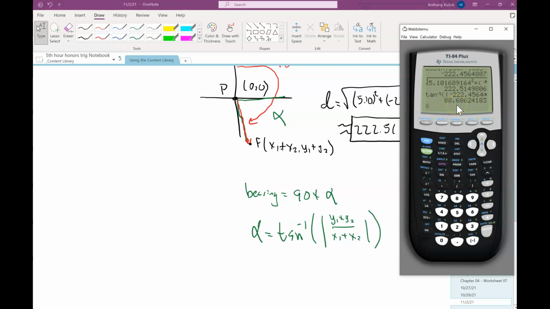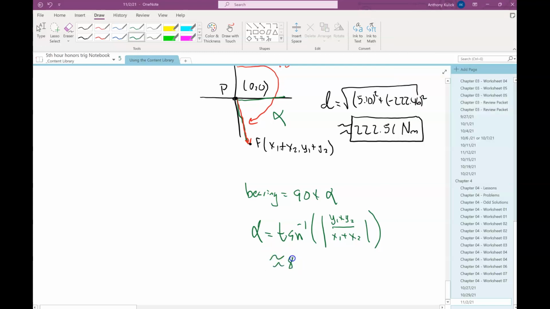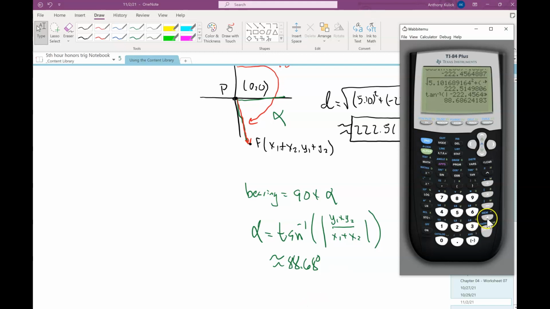And that gives me 88.68 for alpha. Well, it's y, so it's the negative 222 over the 0.5. And then if I add 90 to that, then my bearing is 178.7.